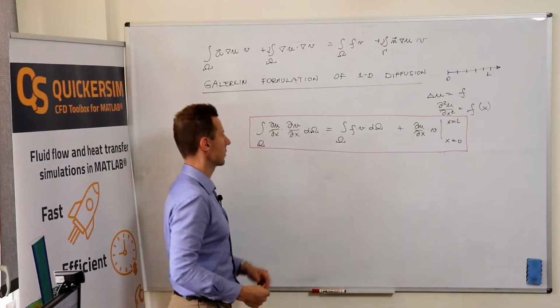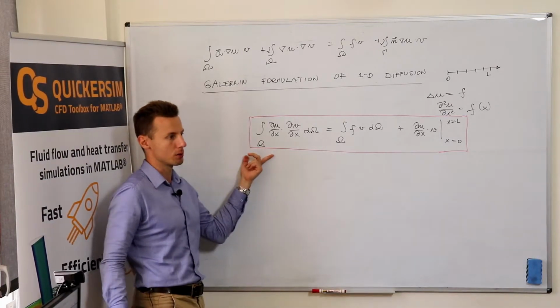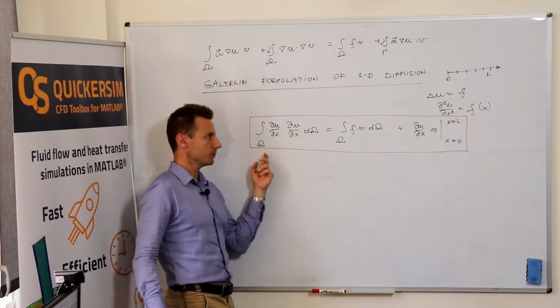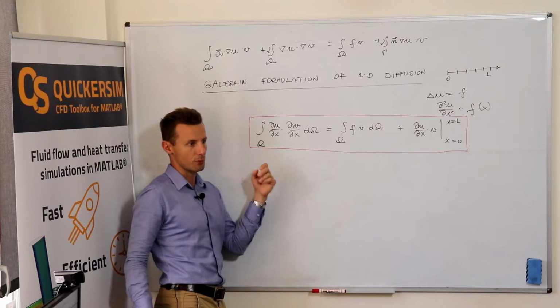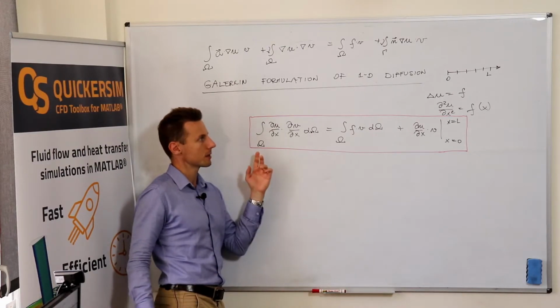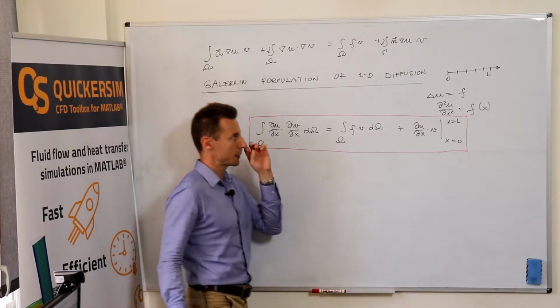So we have no way solving something like that on the computer. We need to translate it to a finite dimensional function space. So basically do the discretization for, well, as many functions as we want to represent.